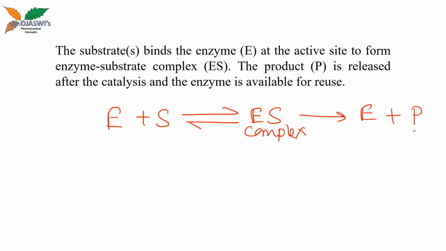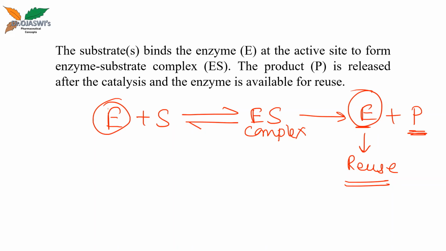So this is the product formed, leaving the enzyme available for reuse. The product P is released after the catalysis and the enzyme is available for reuse. So this enzyme and this enzyme are the same enzyme to which the substrate was attached.